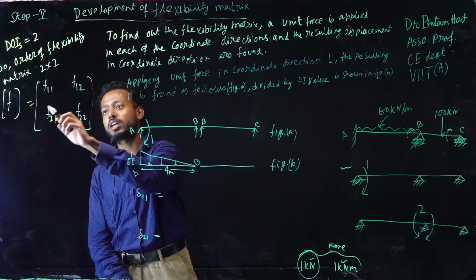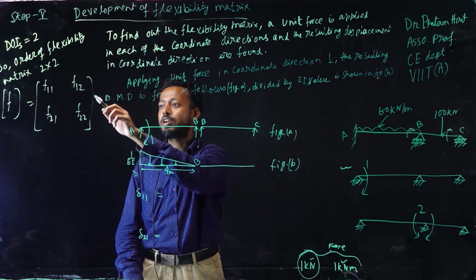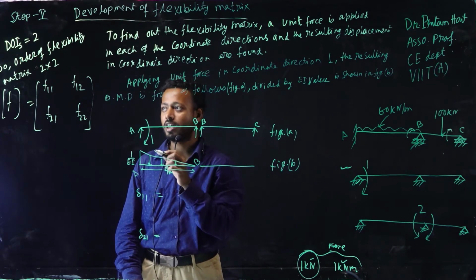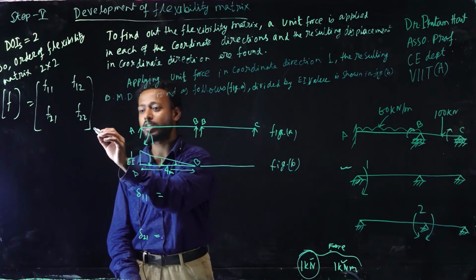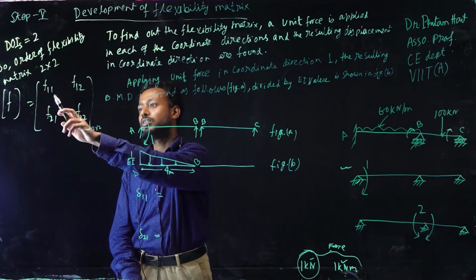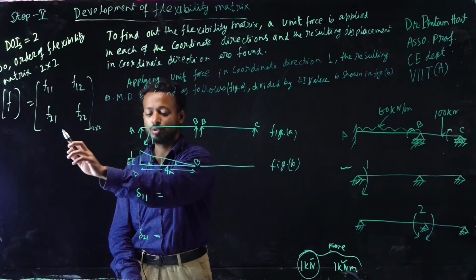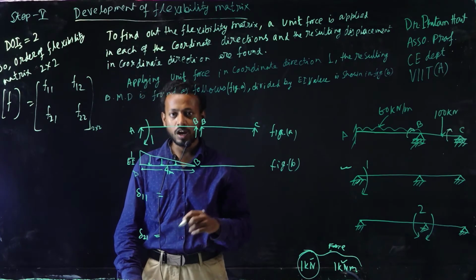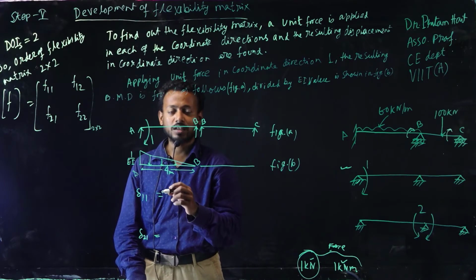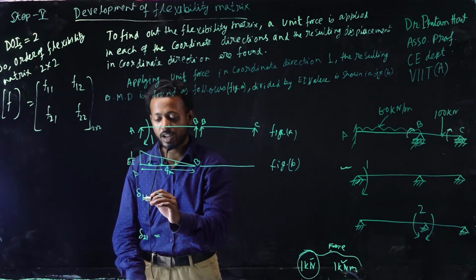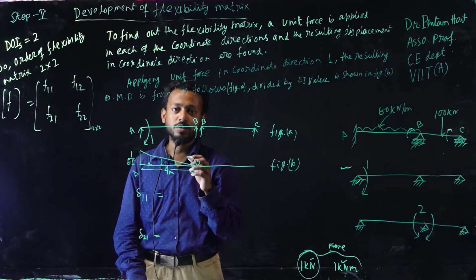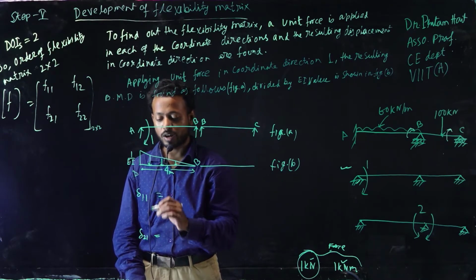So the flexibility matrix I can write as F11, F12, F21, F22. In this way you have to write the flexibility matrix. Okay, this is a 2 by 2 matrix. So first you have to find out F11 and F21. How will you calculate? Delta 11 is representing the reaction at point 1 due to applied unit force at coordinate direction 1.